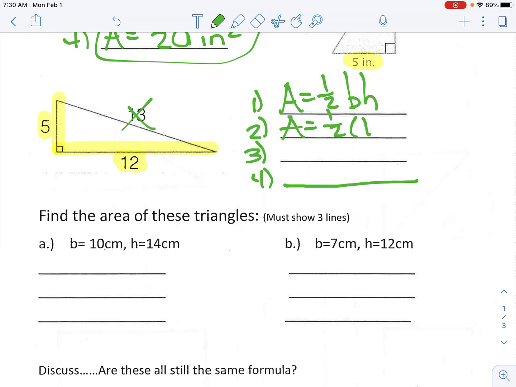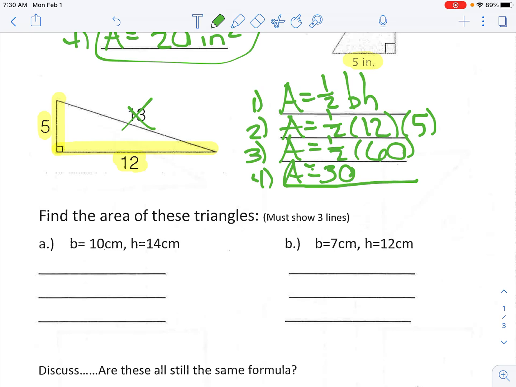Area equals half of 12 times the height of 5. Area equals 1/2 of 60. 12 times 5 is 60. Area equals, oops, so sorry, going too fast. So half of 60 is 30.